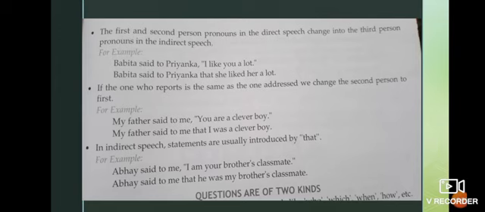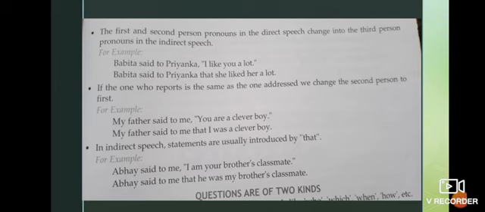In the direct speech, simple present, present continuous, present perfect and present perfect continuous will be changed into simple past, past continuous, past perfect and past perfect continuous. But simple past and past continuous will be changed into past perfect and past perfect continuous. So there is a change in the tense.